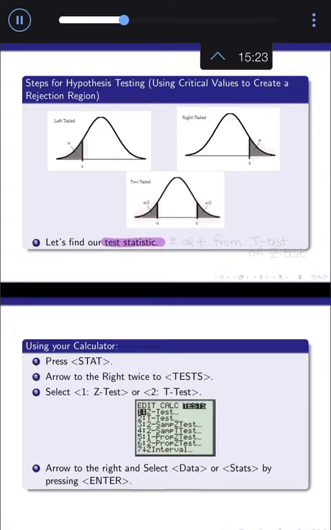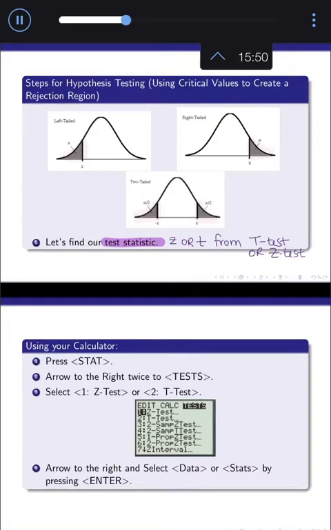It's going to be your z or your t from your t-test or your z-test. Well, that's what you need to see whether or not that's going to fall into your rejection region or outside of your rejection region.